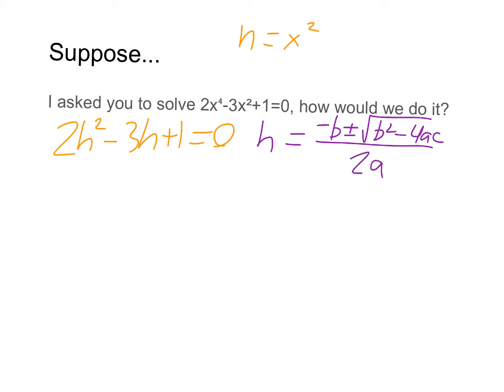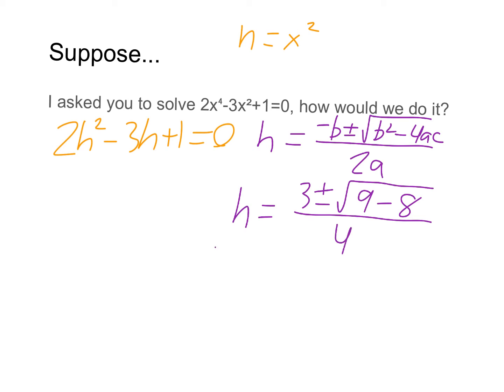Plugging in what I know, h is going to be equal to 3 plus or minus the square root of 9 minus 8 all over 4, or h is equal to 3 plus or minus 1 over 4. Therefore, we're going to have either 1 or 1/2 as our answers for h.